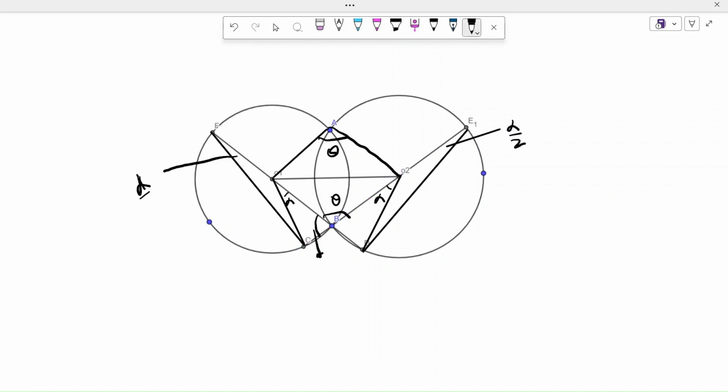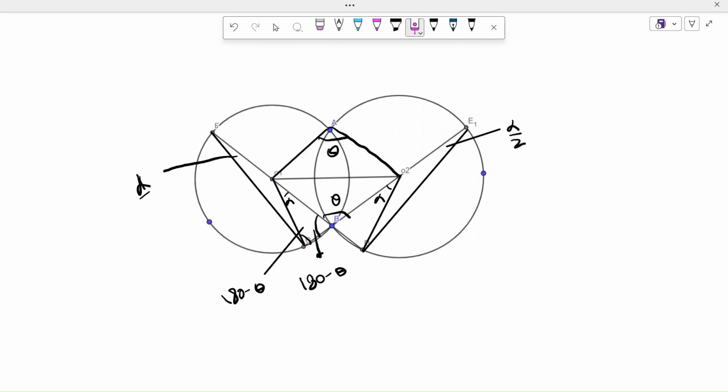This angle is 180 minus theta. Now we know that these two are radii of this circle. So if they are equal, then this angle is equal to this angle. So this angle is also 180 minus theta. Now observe that in this quadrilateral, this angle is theta and this is 180 minus theta. So the sum of these two angles is 180. That means they are concyclic.